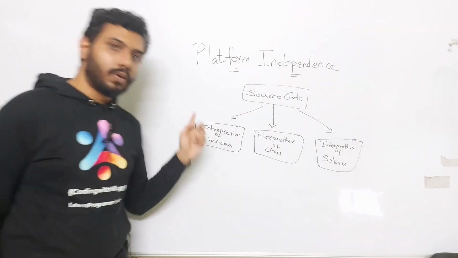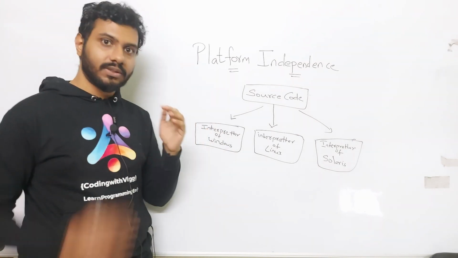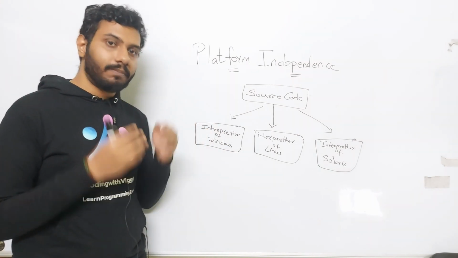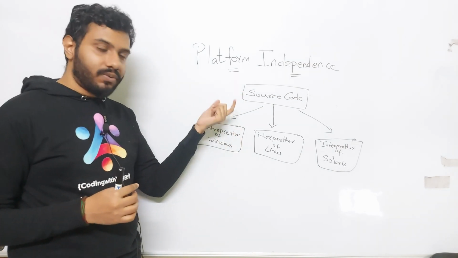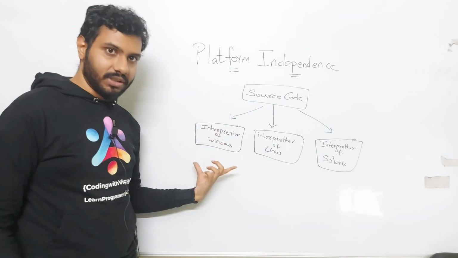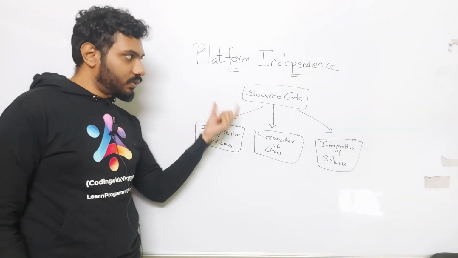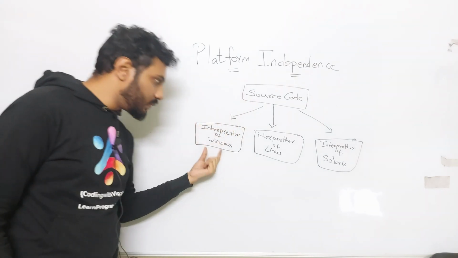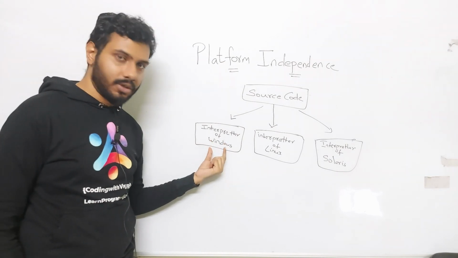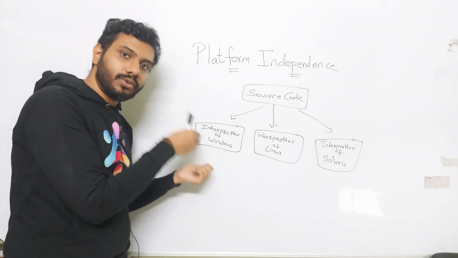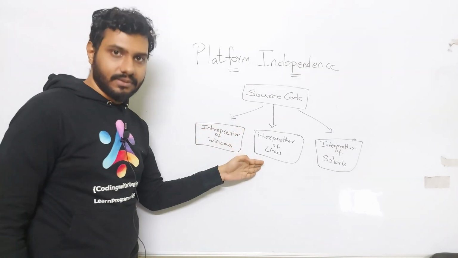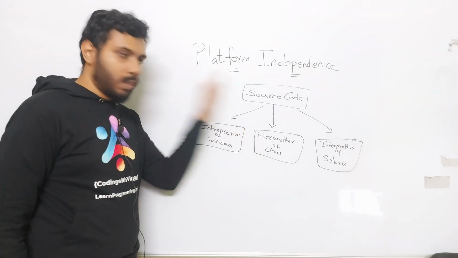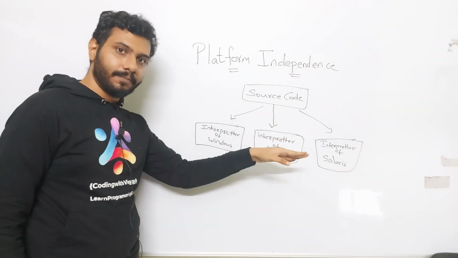But when we talk about the CPU, that is a compiler language where machine code is given as input, the machine code is platform dependent on the machine. Machine code for the Windows operating system can only run on Windows. You can't take that machine code and run it on Linux. But here you can take one source code and run it everywhere.